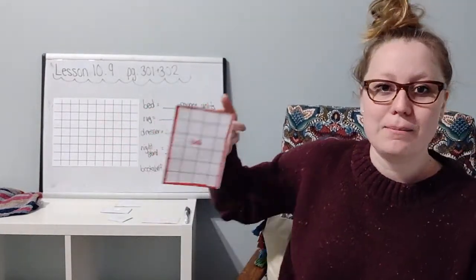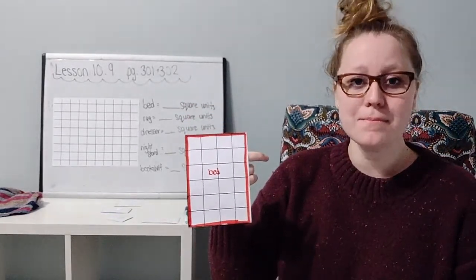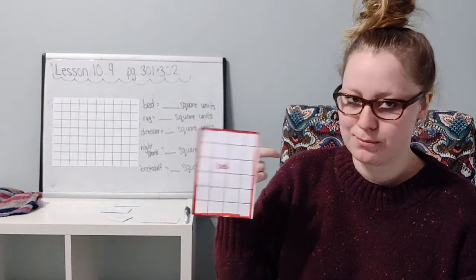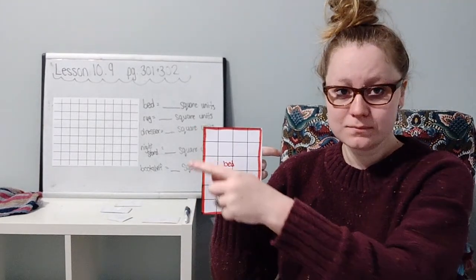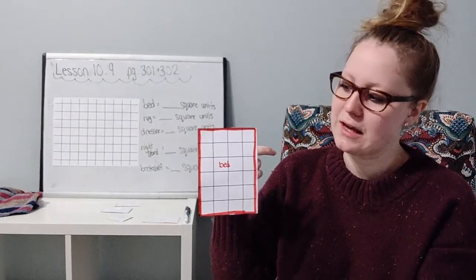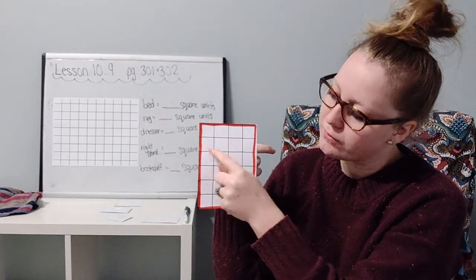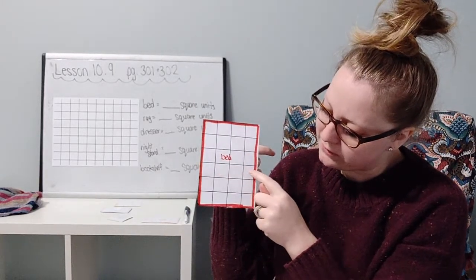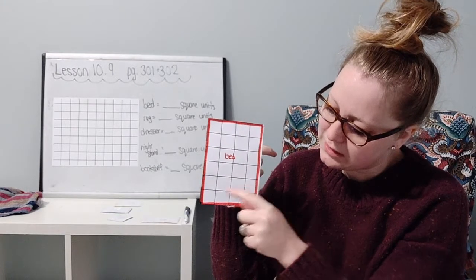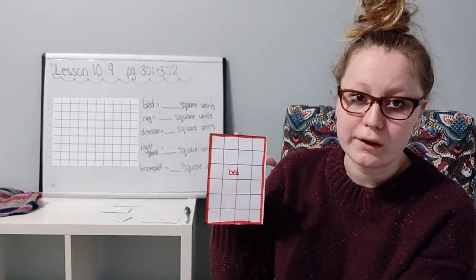Before I place my bed in the bedroom, I want to count how many square units this bed is. So again, we can just count the square units that are inside here. Count with me. 1, 2, 3, 4, 5, 6, 7, 8, 9, 10, 11, 12, 13, 14, 15, 16, 17, 18, 19, 20, 21, 22, 23, 24.